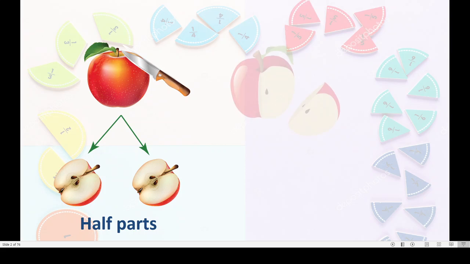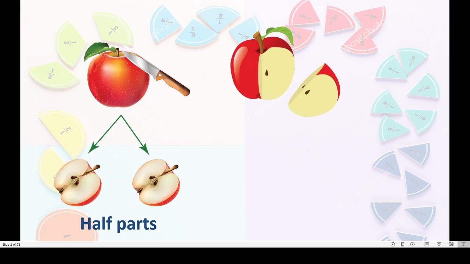And here I will cut this into four equal parts, and each part is called 1/4, isn't it? When one object is cut into four equal parts, then each part is called a 1/4.